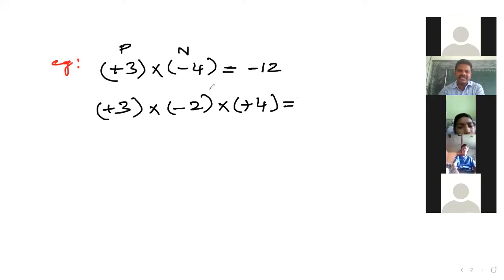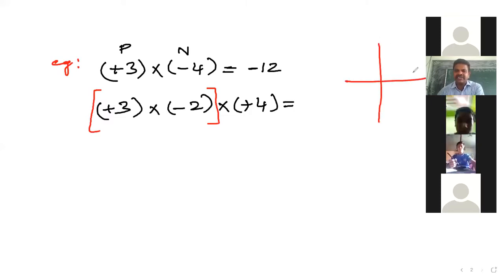We already learned it yesterday, so today we can use it, right? One positive and one negative, what will that be? Plus into plus is plus, minus into minus is plus. Only these two cases we get positive. But here one is plus and one is minus.